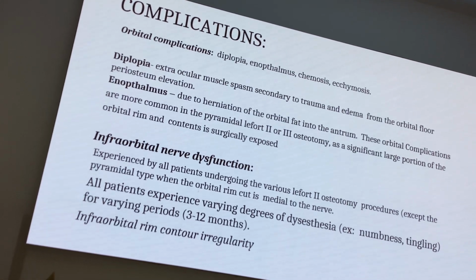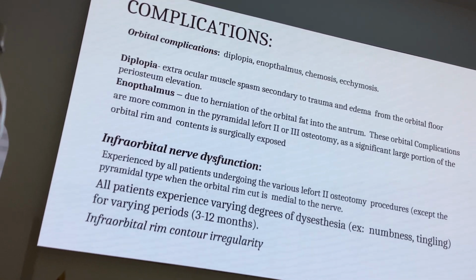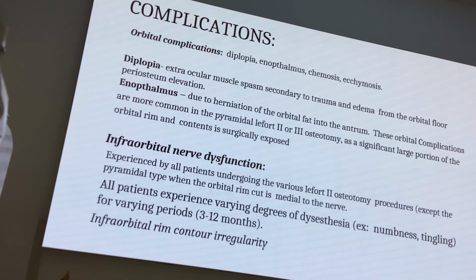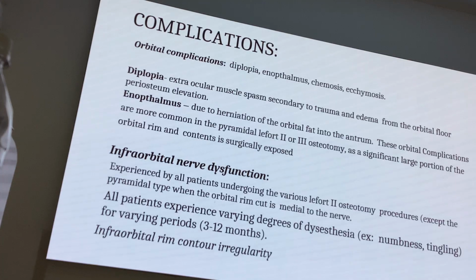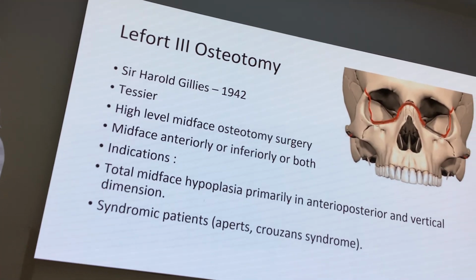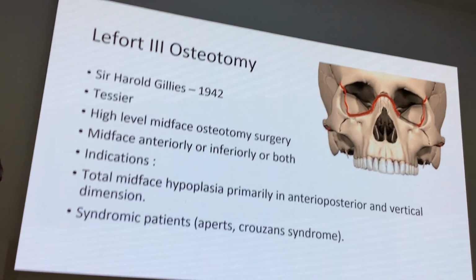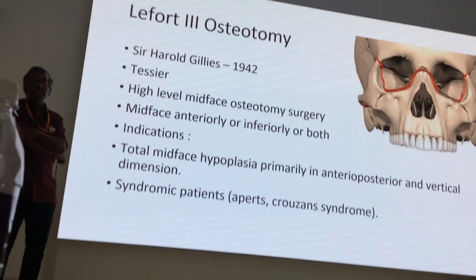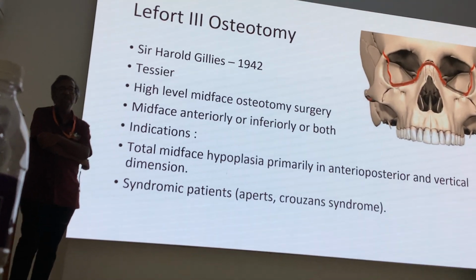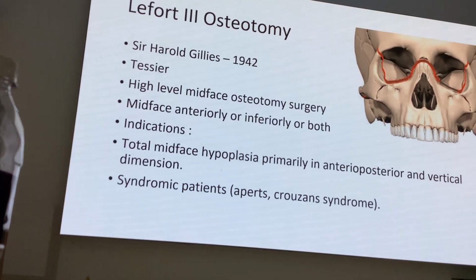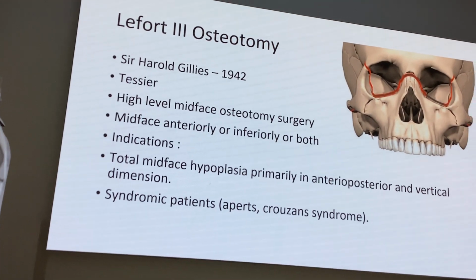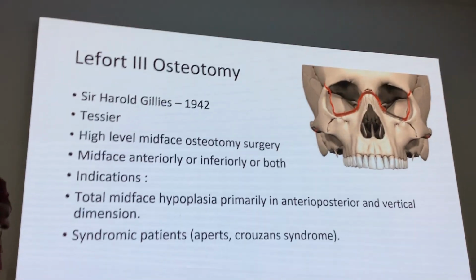Complications again with Le Fort 2 are mainly diplopia, ophthalmoplegia and infraorbital nerve dysfunction. Le Fort 3 osteotomy again: can you name some syndromes where you will be needing a Le Fort 3 osteotomy? It's written there.